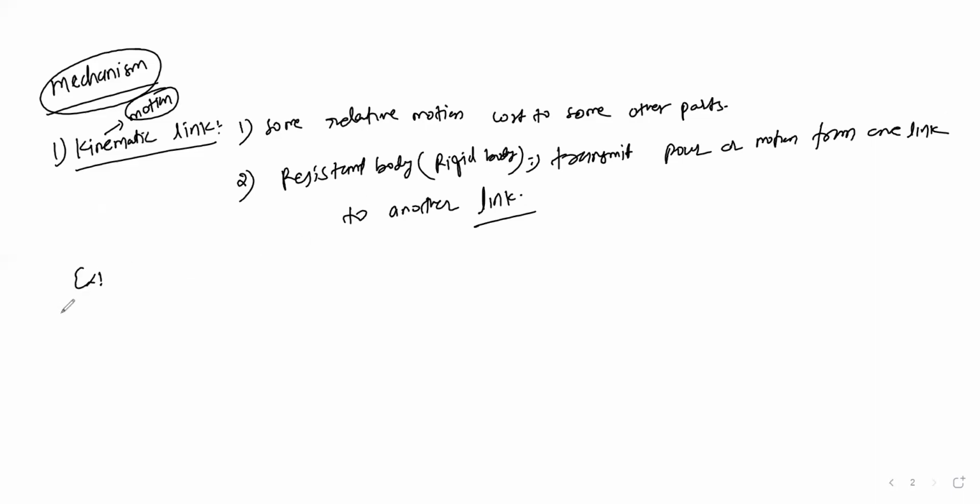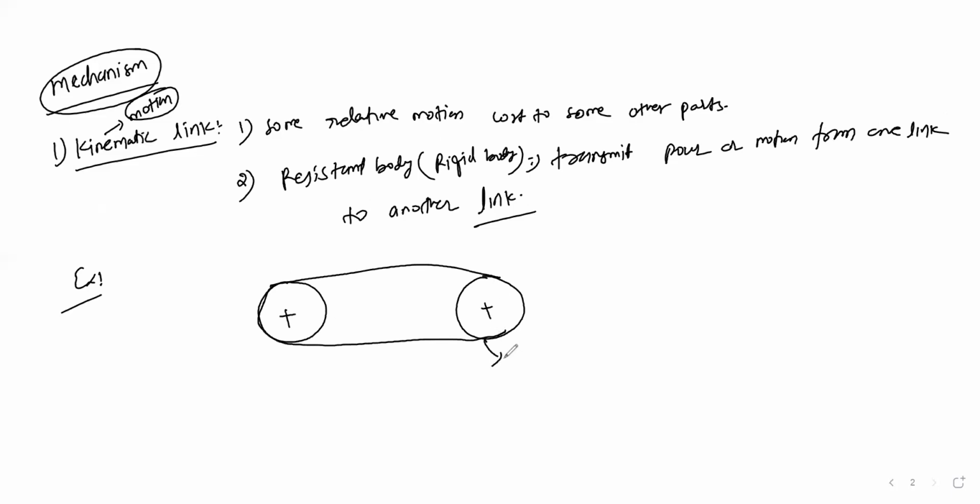Like, for example, a pulley and a belt. There are two pulleys, and over that the belt is wrapped. I am assuming this one is the driver, and this is the driven, rotating with the help of the driver. So this is called a link, which connects the 2 points, and it has relative motion.